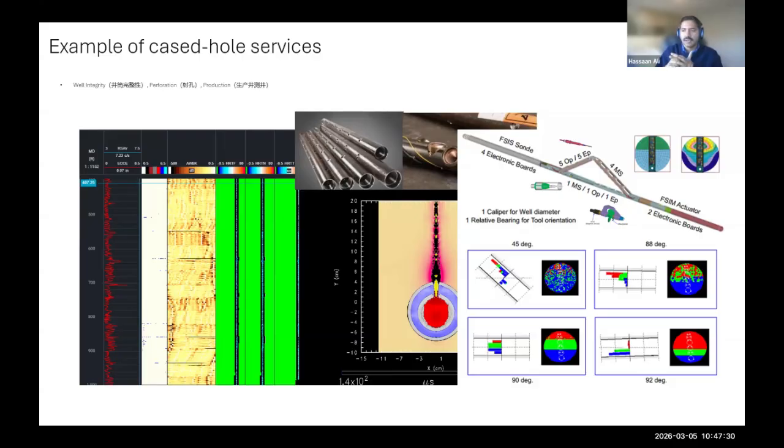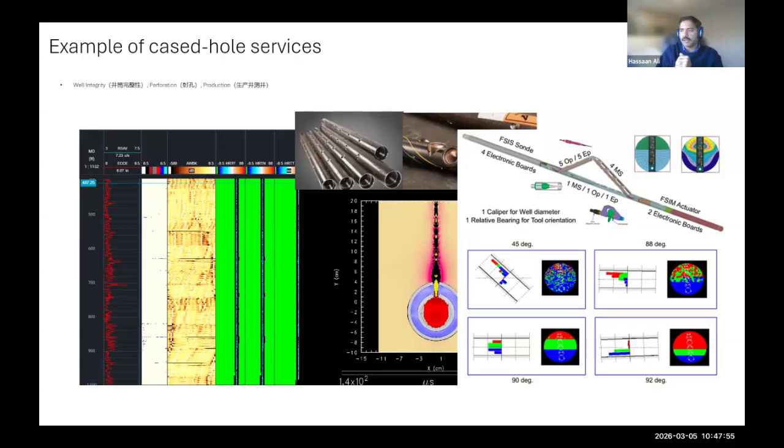Now it's producing 30% oil. Which zone is contributing most oil in my well? Because you can have multiple zones. So when you are doing that, essentially it's a diagnostic job. You will lower your production logging tools, and you will try to figure out which zone is producing more oil.